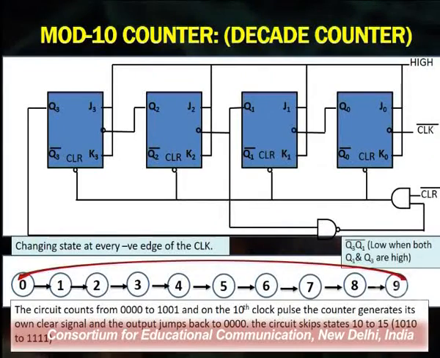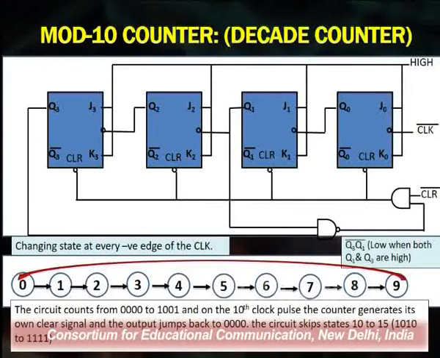Looking at the circuit, we see that it can count from 0 to 15. However, we have to arrange a mechanism which has to stop this circuit from counting after the 10th state. That is, this circuit should be made to count from 0 to 9 and then reset itself to 0, 0, 0, 0.